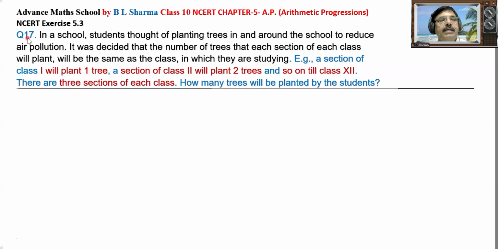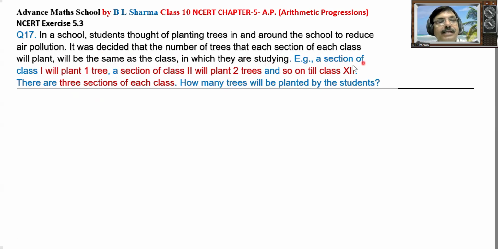The question is, in a school, students thought of planting trees in and around the school to reduce air pollution. It was decided that the number of trees that each section of each class will plant will be the same as the class in which they study.